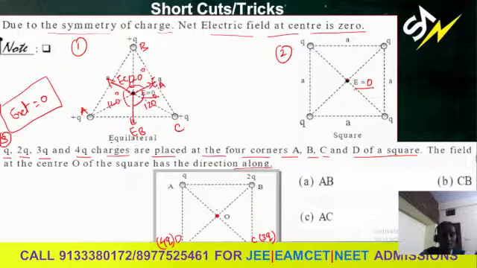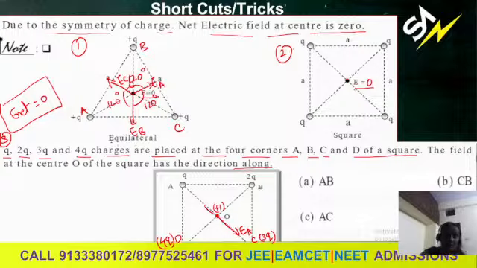So if charge is not given, you always assume a unit positive charge is present at that point. Now you can see due to corner A at the center, that is O, the electric field will be in this direction, like EA, yes?